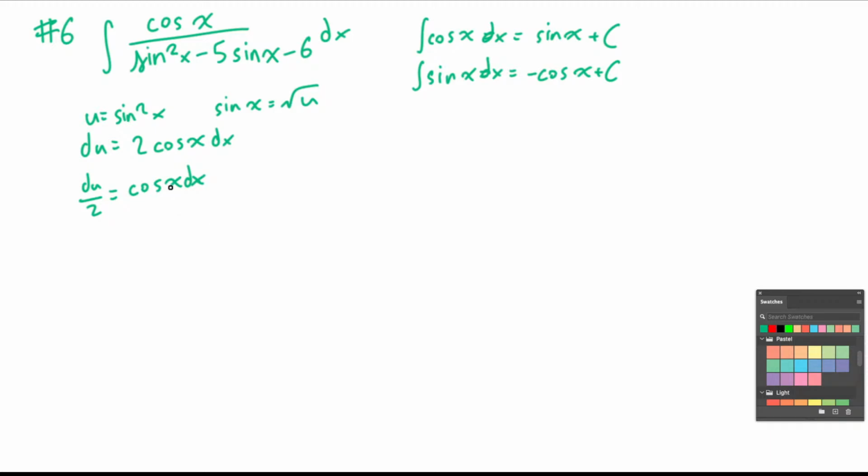From here, we can move this back into the equation. So then we get 1/2 integral of 1 over u minus square root of u, 5 square root of u, minus 6 du. How do we simplify this further?